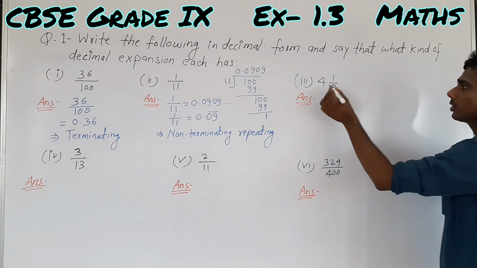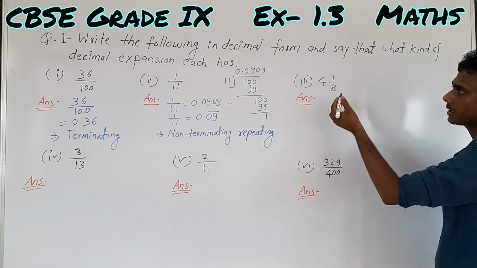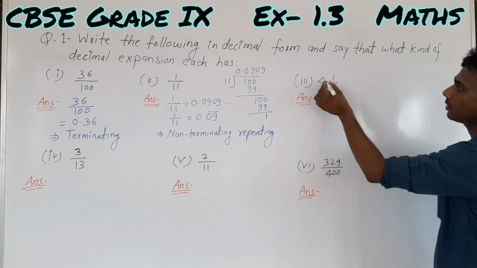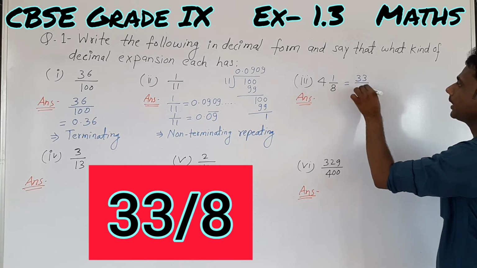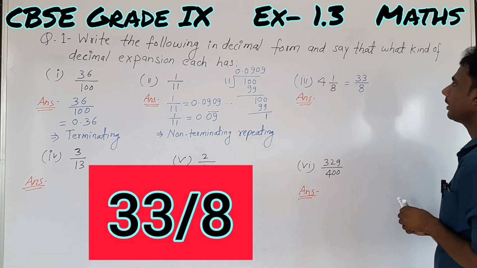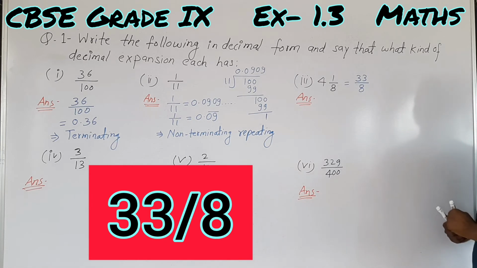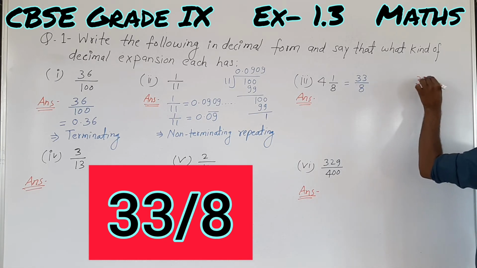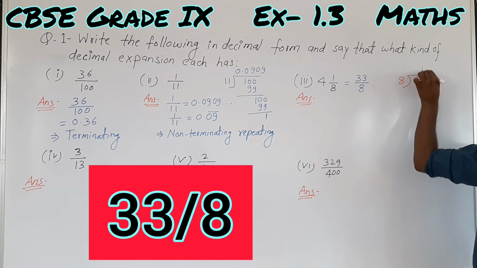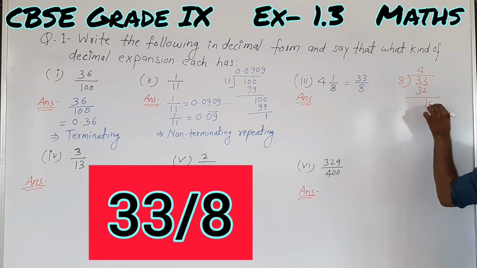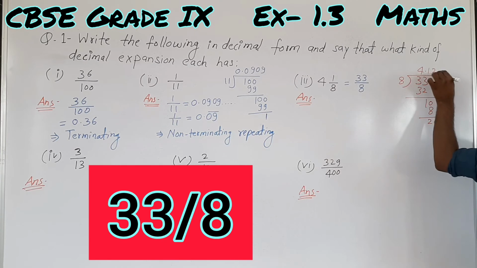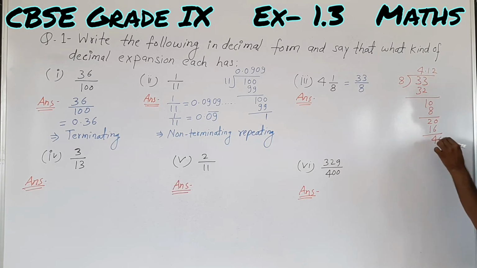Third part, 4 whole 1 upon 8. First of all, you change the mixed fraction into a fraction. 8 fours are 32, 32 plus 1 is 33. This will be equal to 33 upon 8. Now 33 divided by 8. 8 fours are 32, remainder 1, then 10. 8 ones are 8, remainder 2, 20. 8 twos are 16, remainder 4, 40. 8 fives are 40.